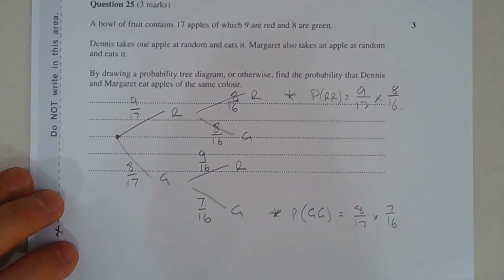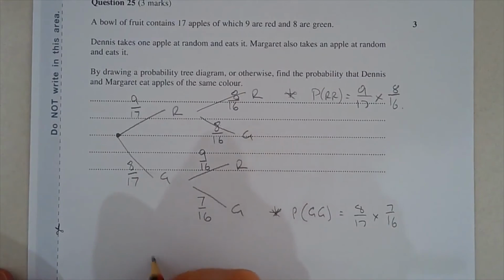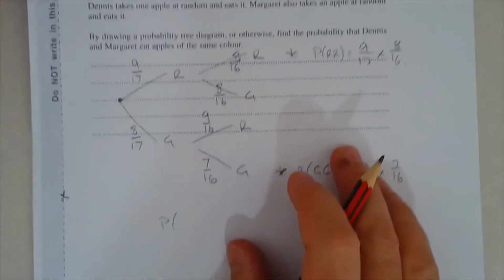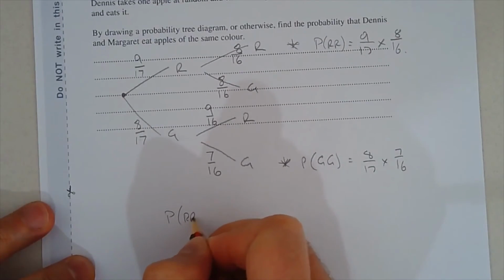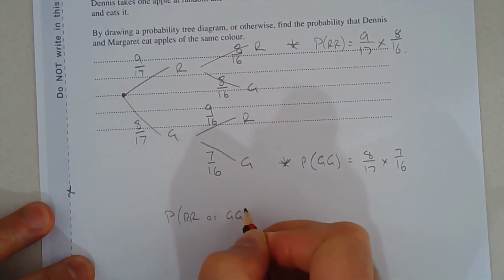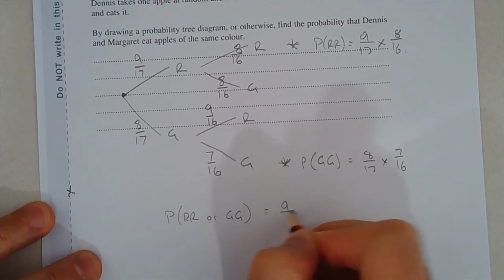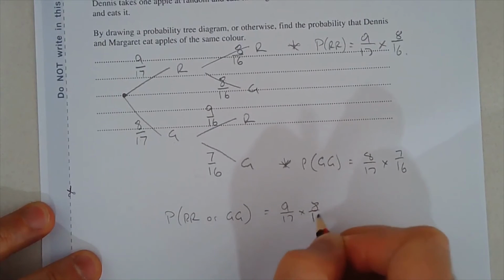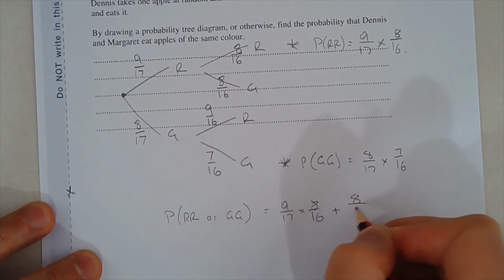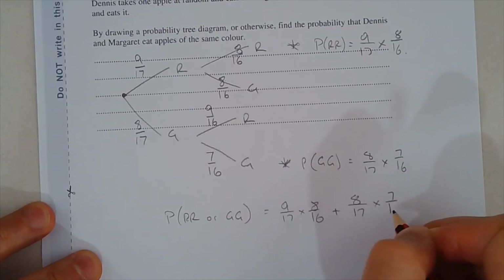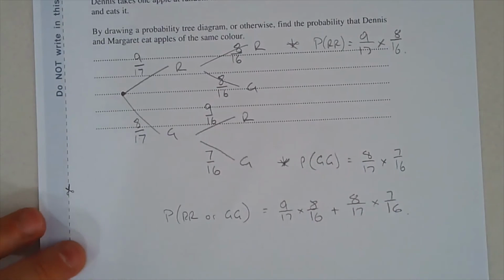What we do then is we add those two together. So the probability of red red or green green is equal to 9 on 17 multiplied by 8 on 16 plus 8 on 17 multiplied by 7 on 16.